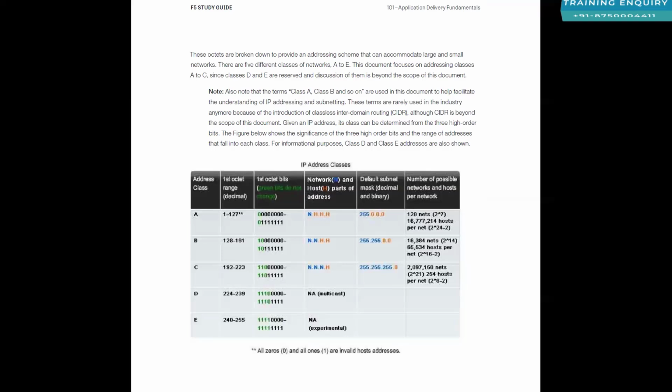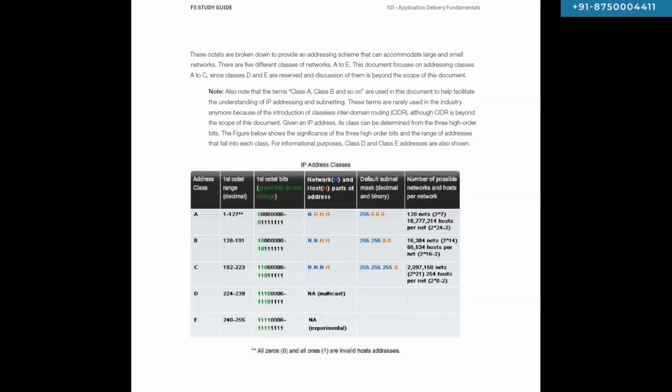Because class D is reserved for multicast routing, and class E is reserved for experimental purposes, so we can't use them. The only usable IP addresses are from class A, B, and C.